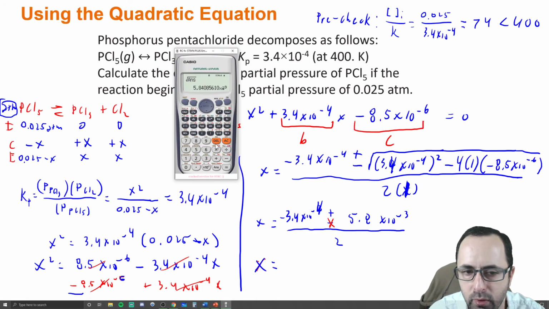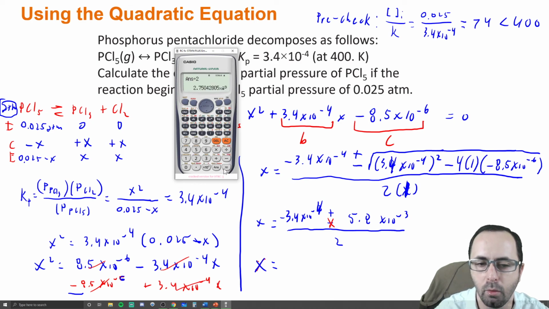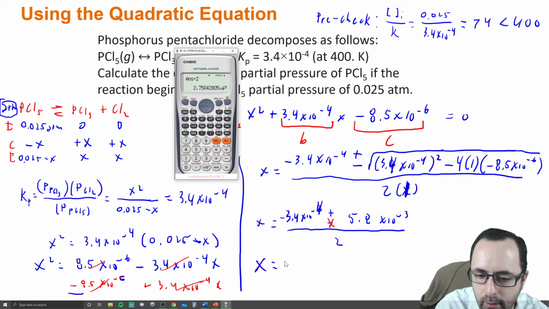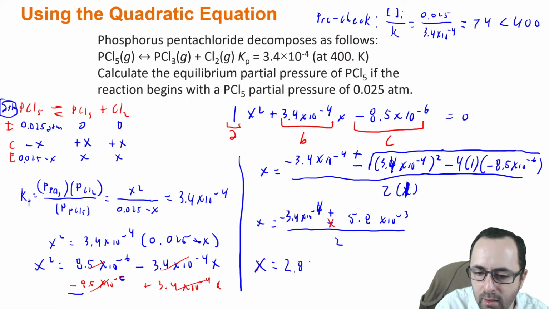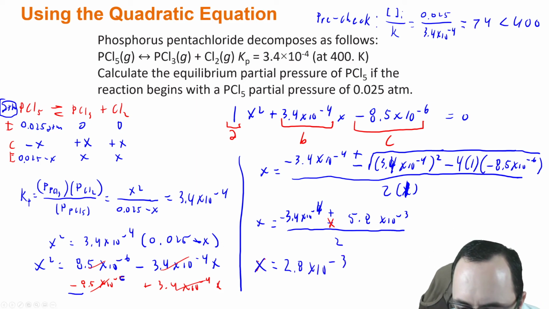We've got this result, and we're going to add a negative, so I guess we'll subtract 3.4 times 10 to the minus 4, and then we divide by 2. And so we get x is 2.7 or 2.8. 2.8 times 10 to the minus 3 is our x.